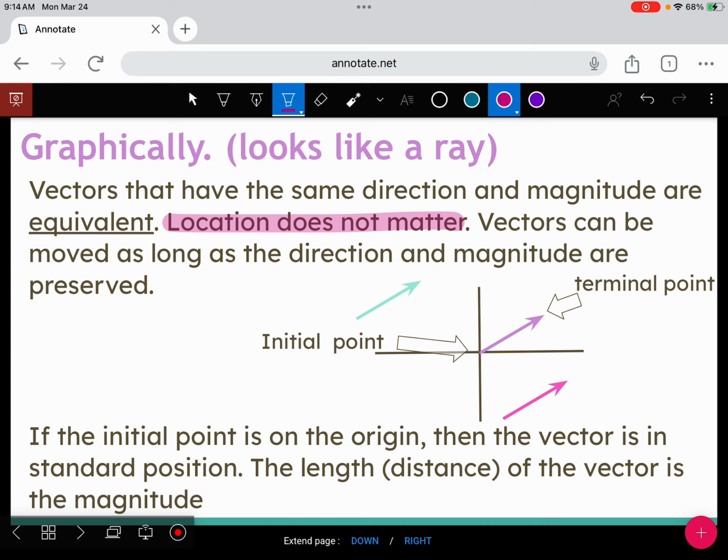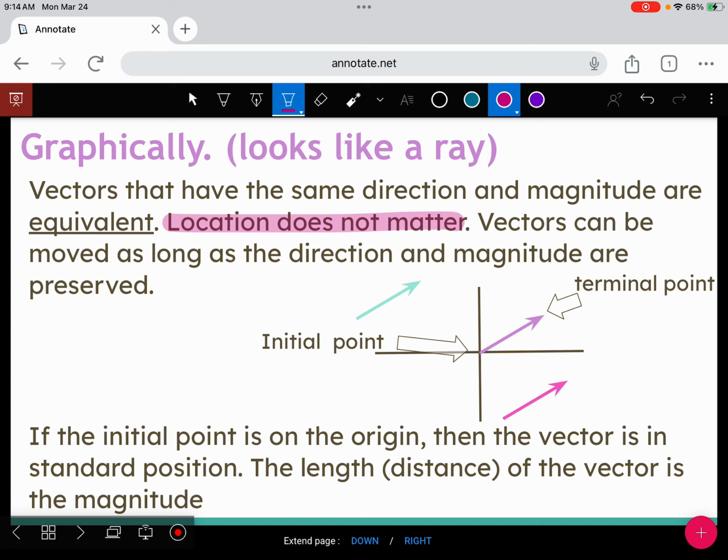So it would be the one that doesn't have an arrow. And the one where we put our little arrow is called the terminal point. When our initial point is at that origin, that's called standard position. And then the magnitude of the vector is the distance. It's the length of the little segment we draw. So our magnitude is the distance.